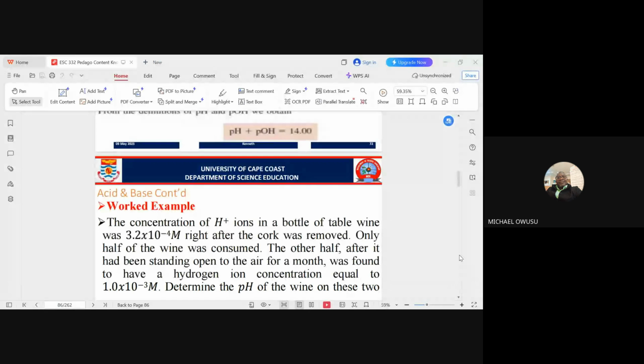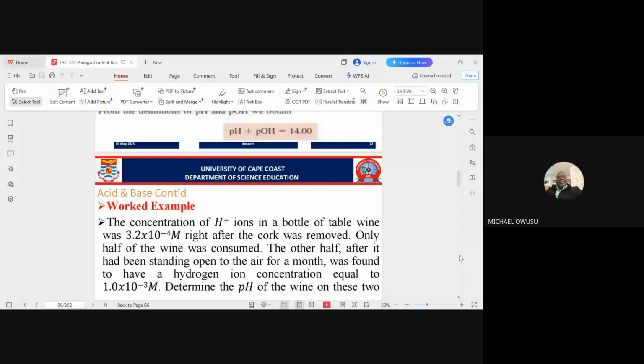Are you getting it? Please, are you following what we are doing? Yes, Doc. My ladies, are you there? Yes, Doc. I don't want to leave you behind, so move with us all. We're saying that pH plus pOH equals 14, and you were given the pOH. So you just substitute into the equation: pH equals 14 minus pOH, and the pOH is given.